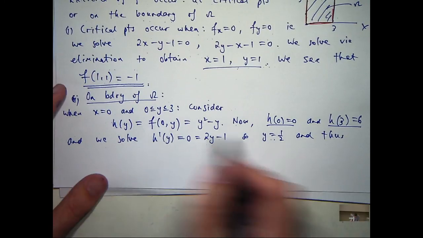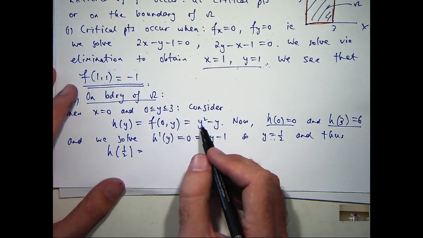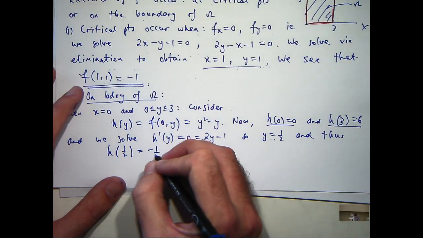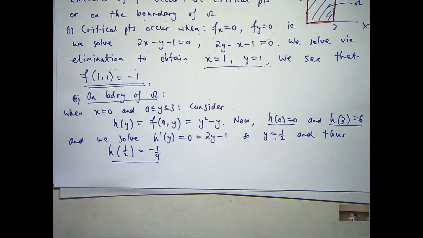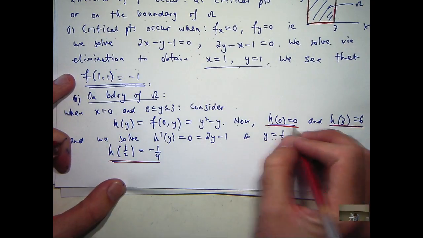So at y equals a half, let's calculate what we've got here. We're going to have a quarter minus a half, which is going to be minus 1/4. Okay, so we've got that value, that value, that value.